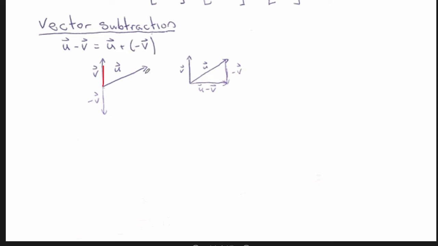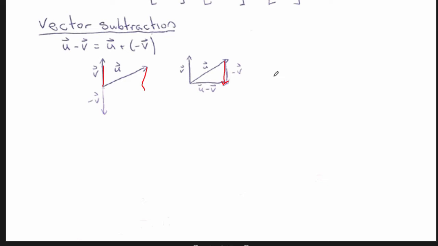So if I want to think about u plus negative v, instead of negative v where it is, I move it here, because remember, vectors are just about displacement. So this vector negative v is the same as this one. It doesn't matter where we put it. So then this is going to give me u minus v, this point here.